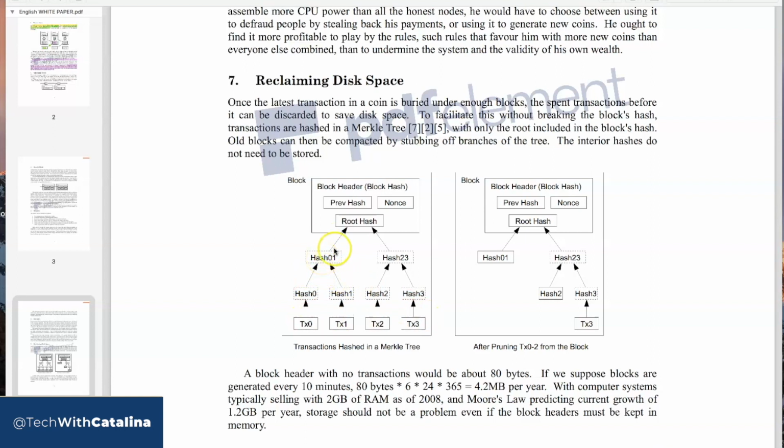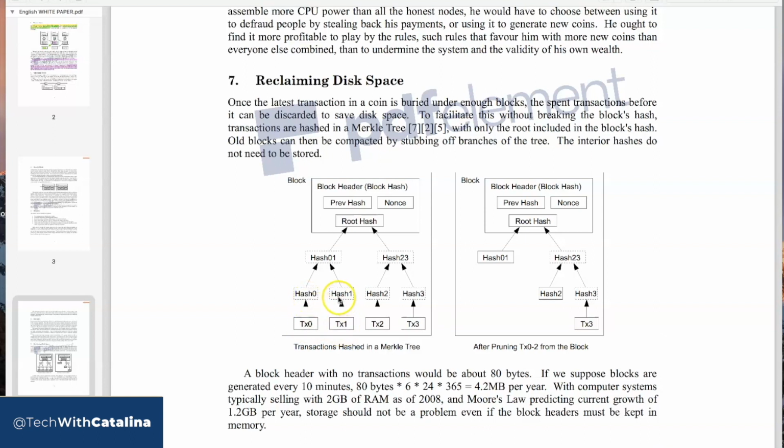And a Merkle tree is something that you can visualize as follows. It is a structure that we use for efficiency and for immutability, because here you can see transaction 0, transaction 1, 2, and 3. What this structure does is basically the following. It is going to take transaction 0 and hash transaction 0.